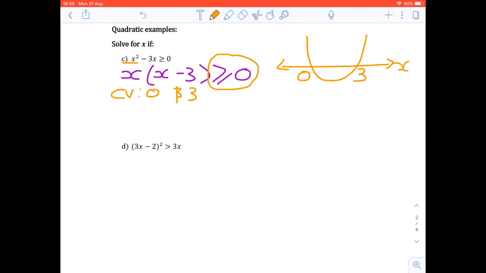So everything above 0, we color in, because that's where it's valid, as well as the other part of the graph. If you can see, between 0 and 3, the parabola dips below the x-axis. So it's not valid there because it's negative. We're looking for greater than or equal to 0. In other words, positive values. So it's positive there as well.